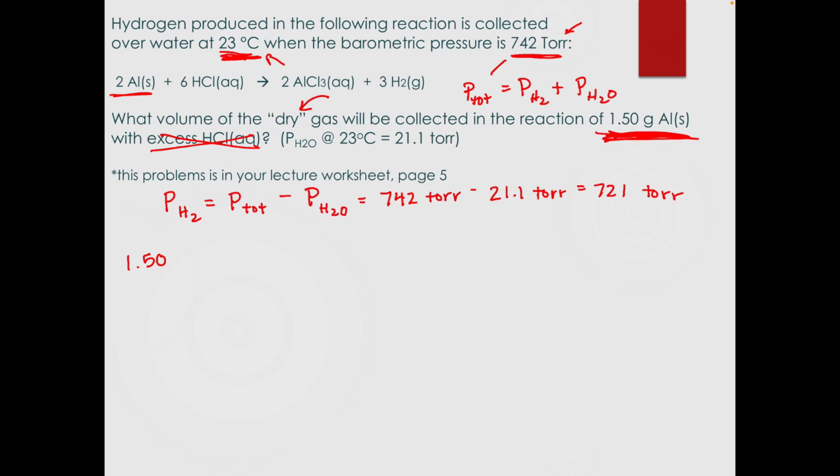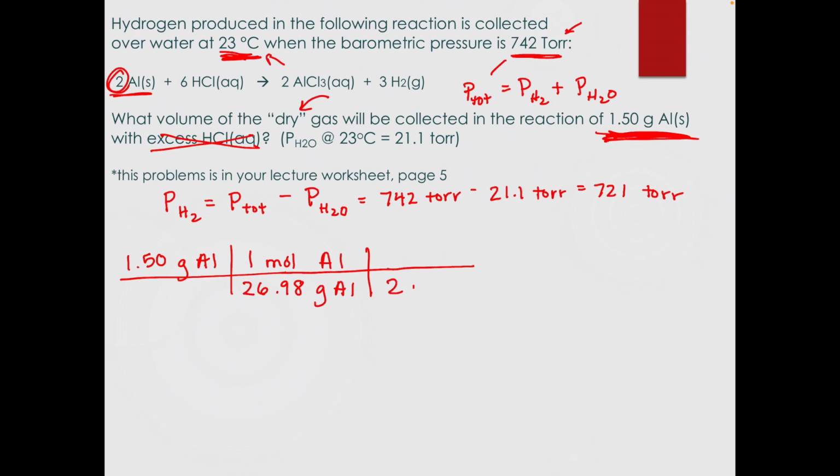So we have 1.50 grams of aluminum, and we'll use our molar mass of aluminum to calculate our moles of aluminum. And then we can use our mole ratio from our balanced chemical equation to calculate our moles of hydrogen. So for every 2 moles of aluminum, we have 3 moles of hydrogen being produced.